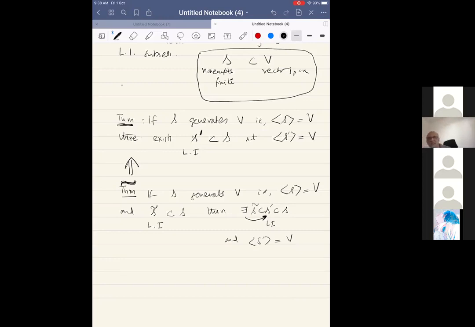Supposing I have a finite set S of non-zero vectors that generates a vector space V, and which is not linearly independent, but supposing there is a subset S tilde of S, which actually is linearly independent, then I can expand S tilde to a subset S prime of S, which on one hand spans V and is linearly independent.